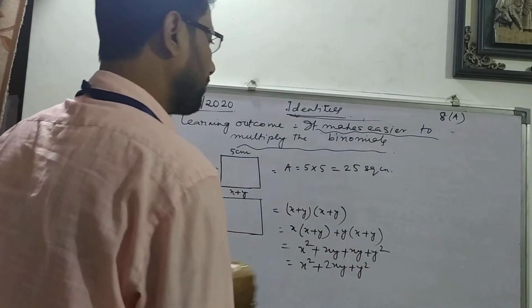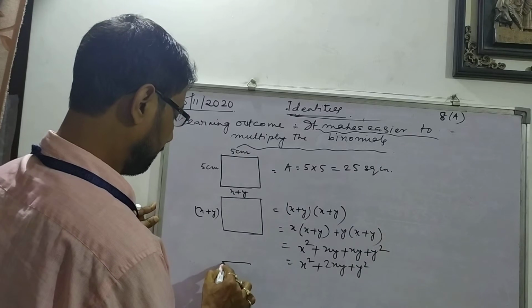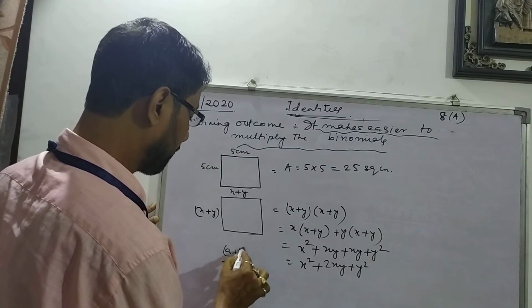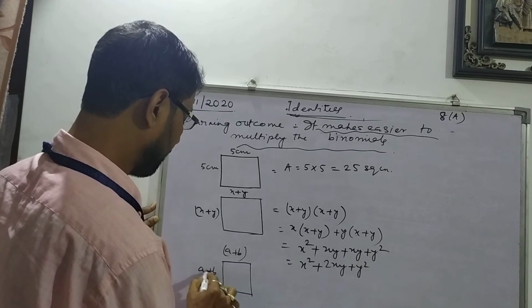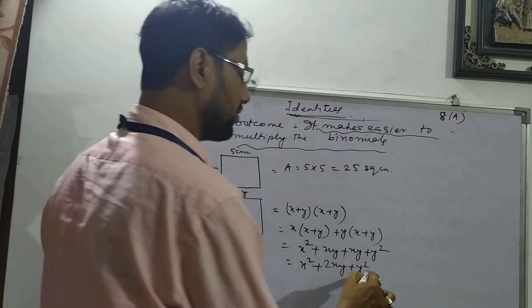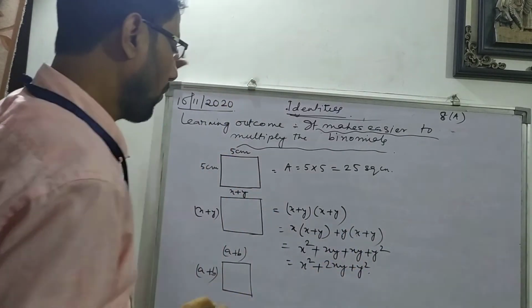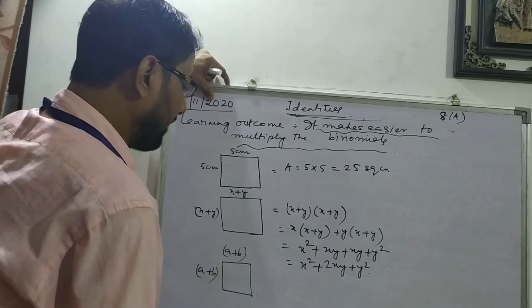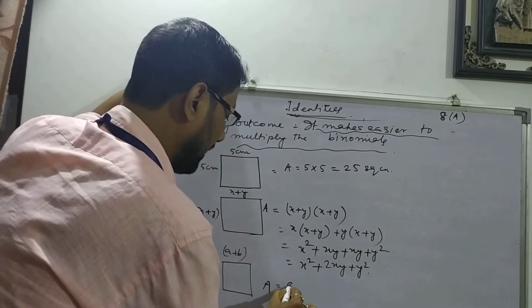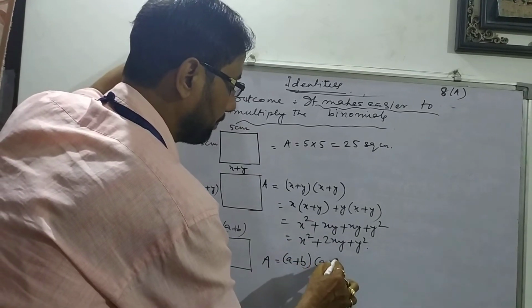Now another example I am giving you, students. Suppose this is the square. Here I have given a plus b, and here also a plus b. I ask you to find the area of this square. Area is equal to a plus b multiplied by a plus b.